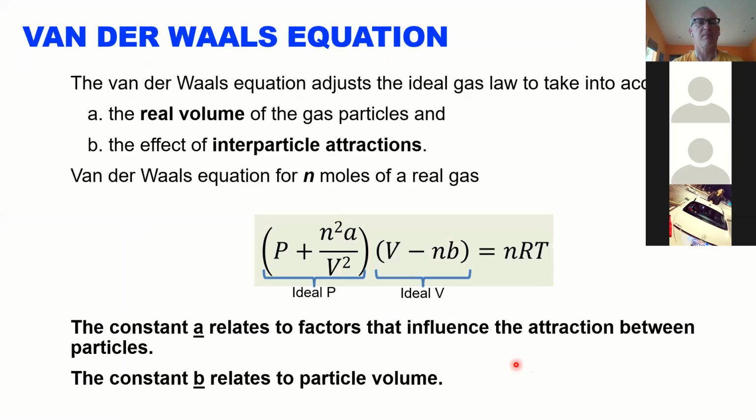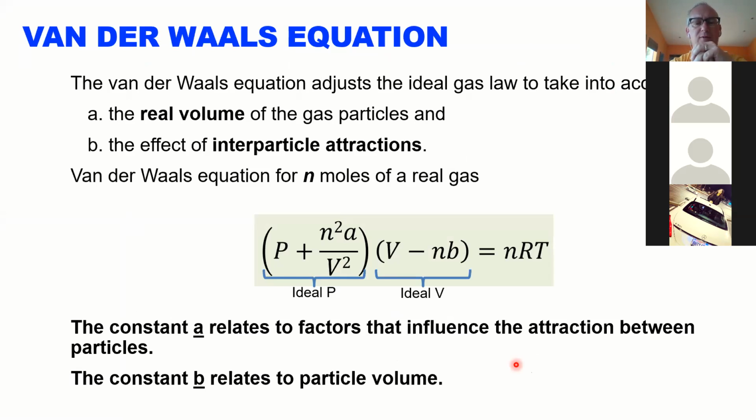And how we calculate the difference is by using something called the van der Waals equation. Van der Waals was a Dutch chemist back in the 19th century, I believe, and came up with a lot of really interesting theories that still hold today about how molecules interact with each other.